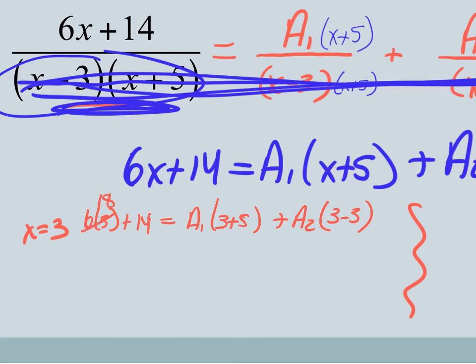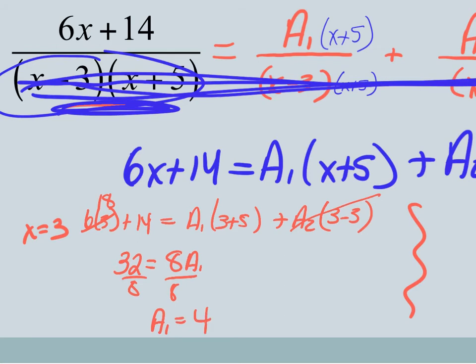What's 18 plus 14? 32. So 32 equals, what's 3 plus 5? So this is 8 times a sub 1. And then what happens over here in my parentheses? What's 3 minus 3? 0. So it's just going to cross out. So if I solve this, divide both sides by 8, and my a sub 1 equals 4.